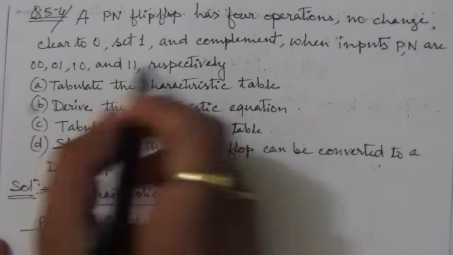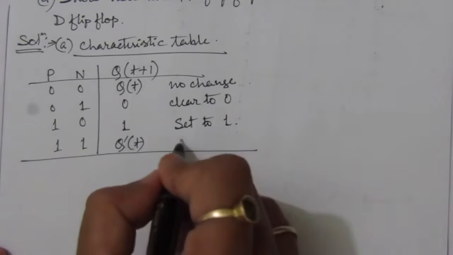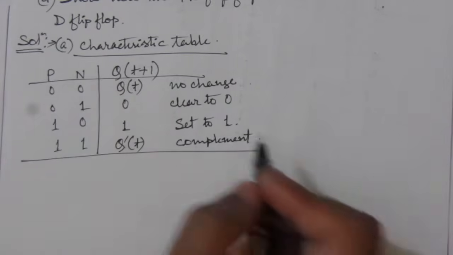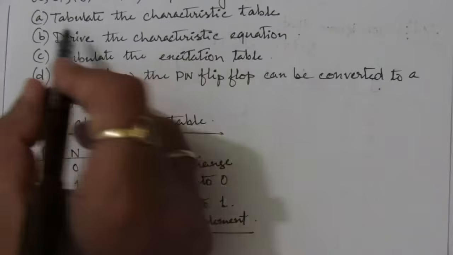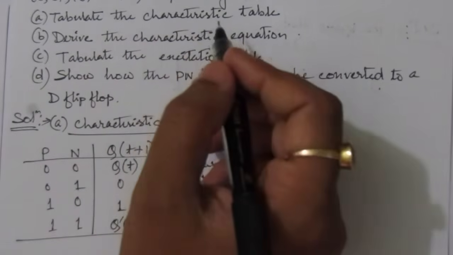And for 1 1 we have the complement, that means we'll have Q complement of T. So this is the characteristic table. This is the solution of the first part of the problem, that is to tabulate the characteristic table. The first part of the problem is complete.